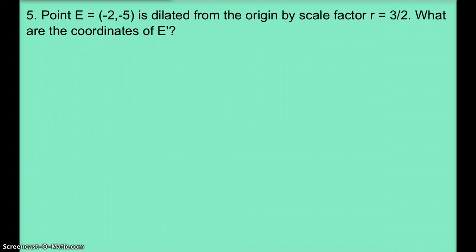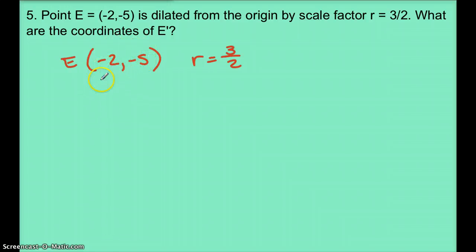Okay, number 5. We have point E, which is at (-2, -5), dilated from the origin with a scale factor of 3/2. What are the coordinates of E prime? So, same thing we've been doing the entire time. We're just going to take our scale factor and multiply it by each one of these individually.